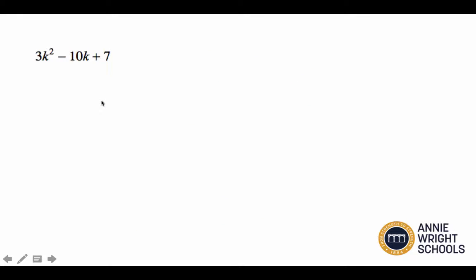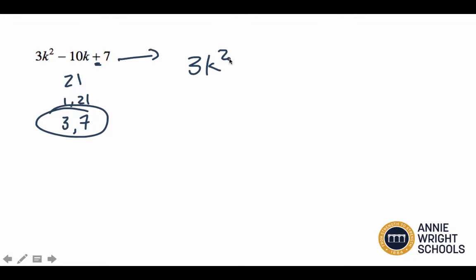Another method with this same problem is to take 3 times 7, which is 21, list the factors of 21, find the factors in 21 that add to 10, and then rewrite this polynomial as 3k squared and use these two numbers to do what's called splitting the middle term.